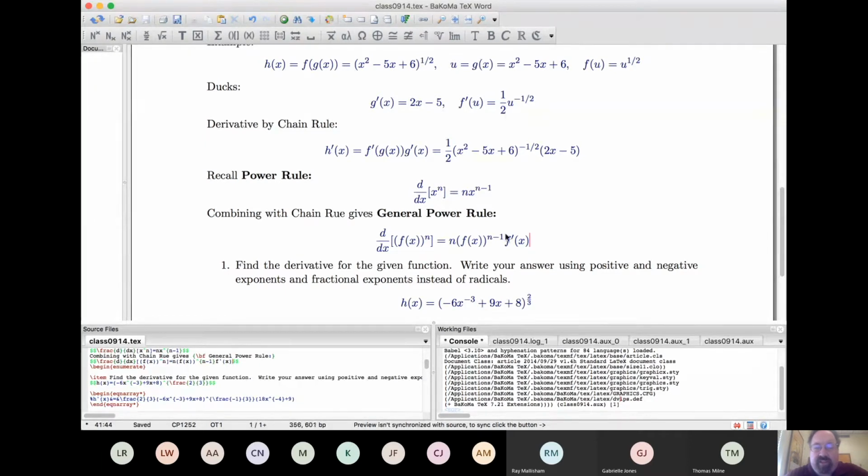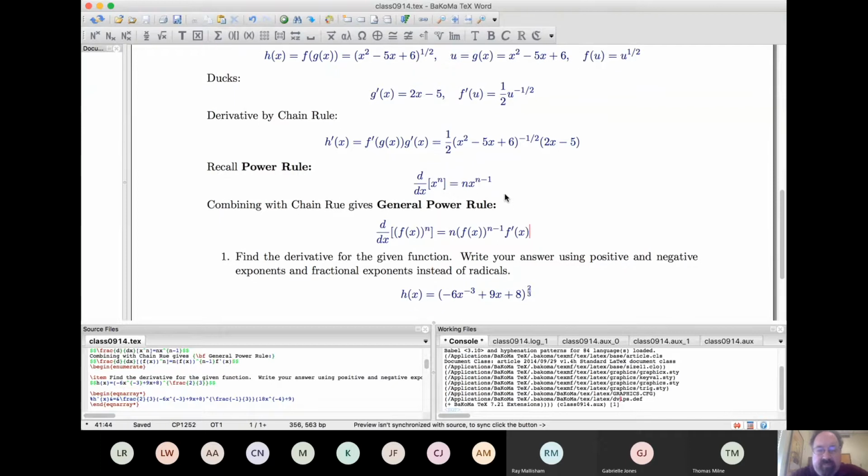This is just a special case of this, because if f of x is just x, its derivative would be 1. So there's an implied 1 here. All of these problems that we're going to see deal with the general power rule. You have some kind of function being raised to a power, and this is what you need to do to take the derivative.